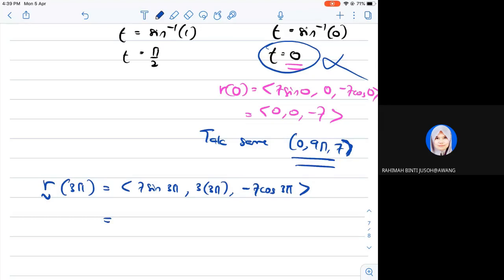Dapat tak koordinat 0, 9 pi ni? 7 sin 3 pi dapat apa? 0 lah kan? Kalau pakai calculator dapat 0, isn't it? And then 3 kali 3 pi dapat 9 pi. Negative 7 kali cos 3 pi, cos 3 pi is negative 1, isn't it? So you darab negative 7, you will get 7. Yes, dapat. So that's why dia 3 pi.